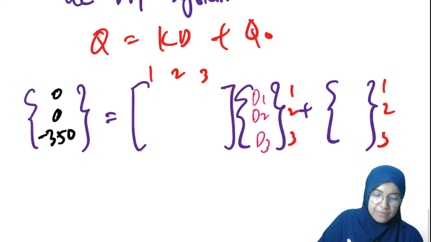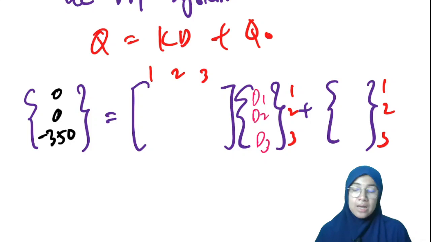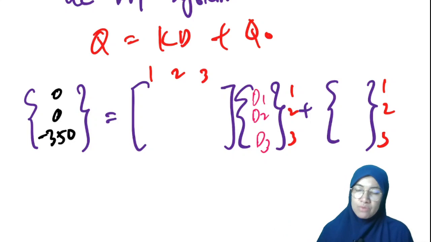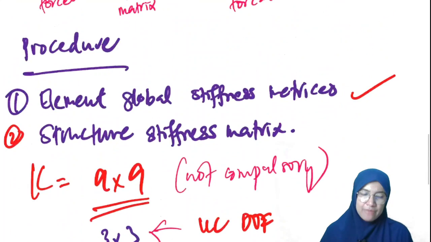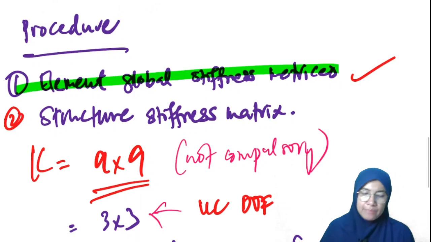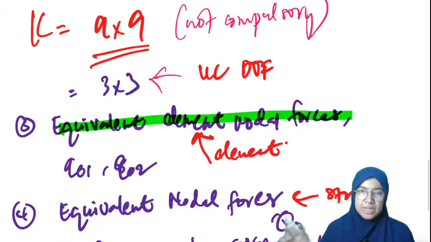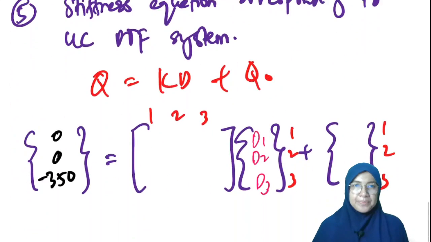So we have to put all the values inside the stiffness matrix K, and we need to put the Q naught values for positions 1, 2, and 3. And in order to do this, we must have step number 1, and we must have step number 3.